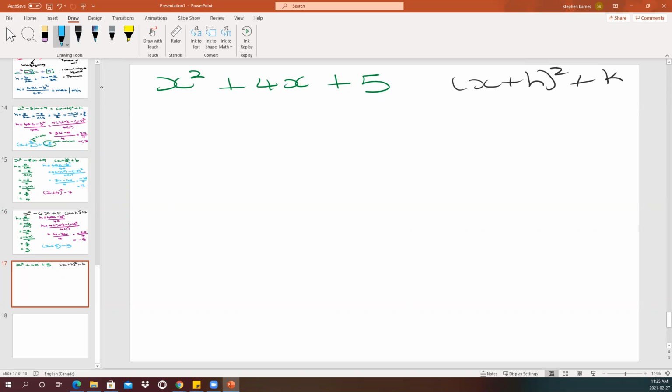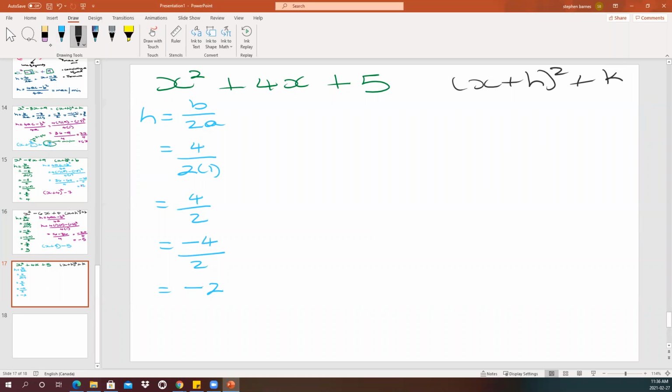Let's find h first. h is b over 2a. b is 4 over 2 times a. a is 1 in this instance. 4 over 2, and then we take the negative of that, 4 over 2 equals negative 2, because 2 into negative 4 is negative 2.